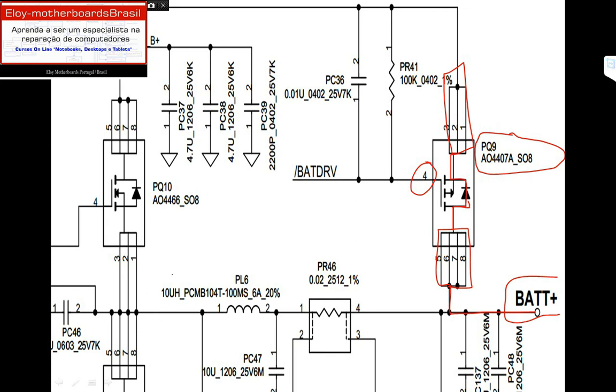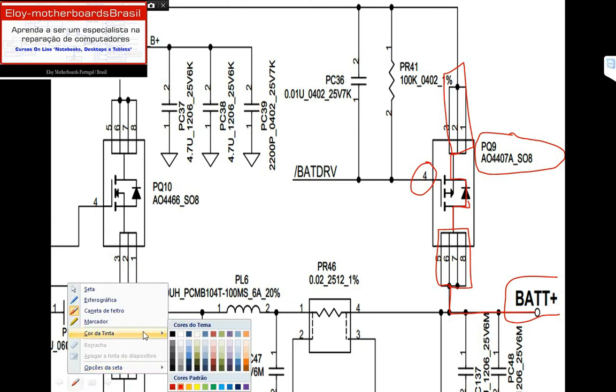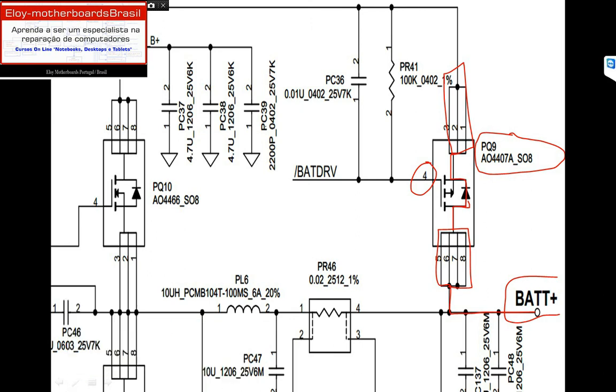Let me just change the color of my pen, the ink, to blue, right here. So this 19 volts will be present here, but this internal diode will create a wall, a barrier, and it will not let this pass.